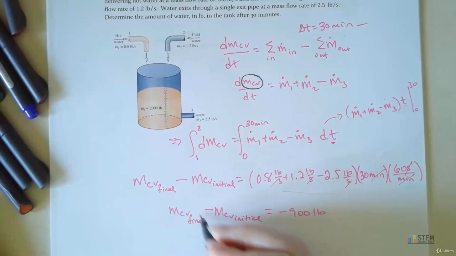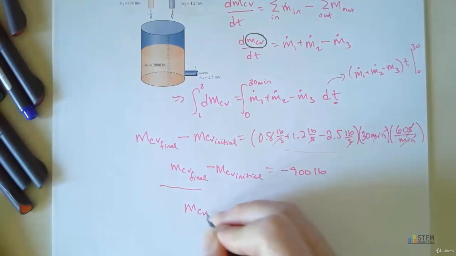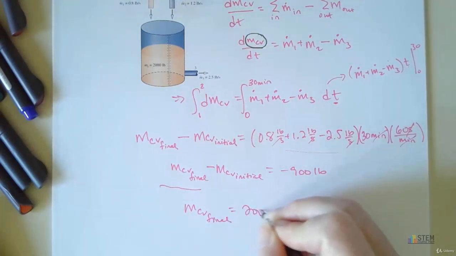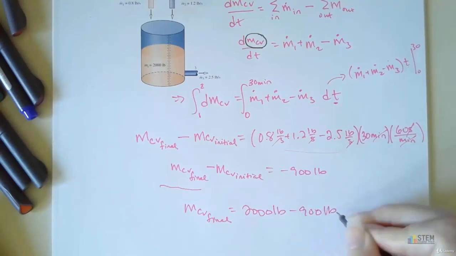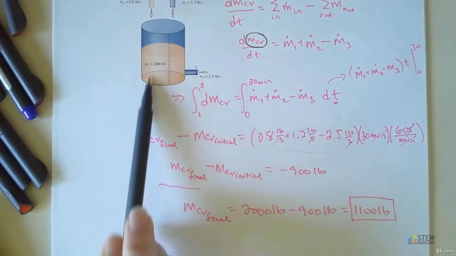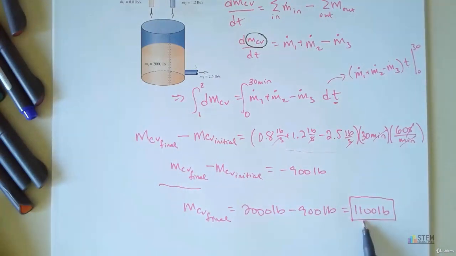So let's solve this equation for this term right here. And we'll plug in that 2,000 pounds for the initial. This will give us 2,000 pounds minus 900 pounds, which gives us 1,100 pounds. So after 30 minutes, we have reduced the amount of water in this tank down to 1,100 pounds.